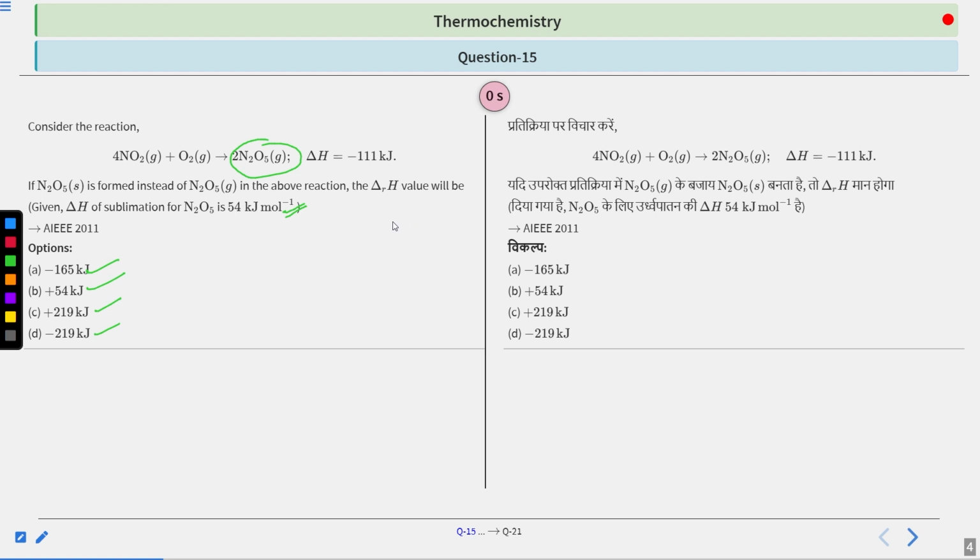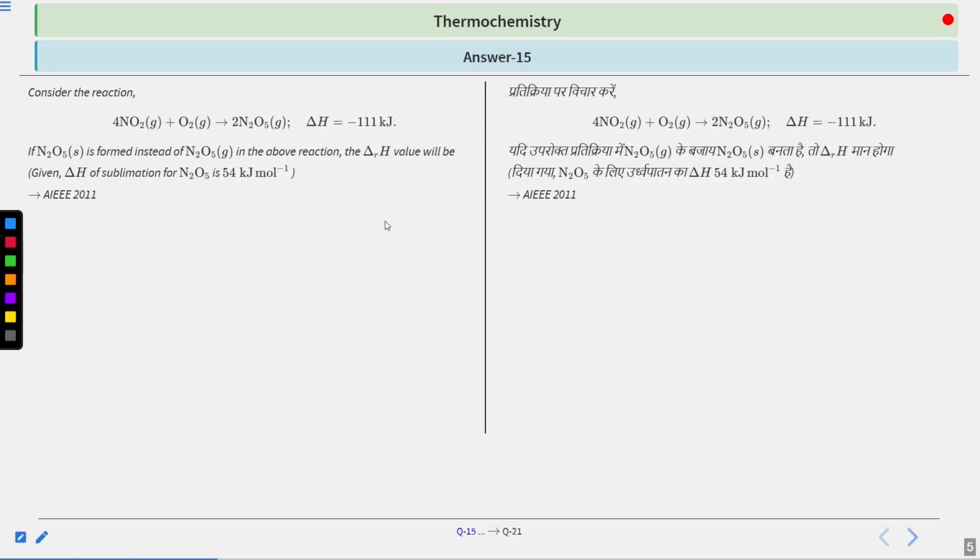Okay, so your time is up. Let us see how we can solve it. Again, I'm reading out this question and clearing it. Basically, we are forming gaseous N2O5 from NO2 and O2, right? And in that process, 111 kilojoule of energy is released.